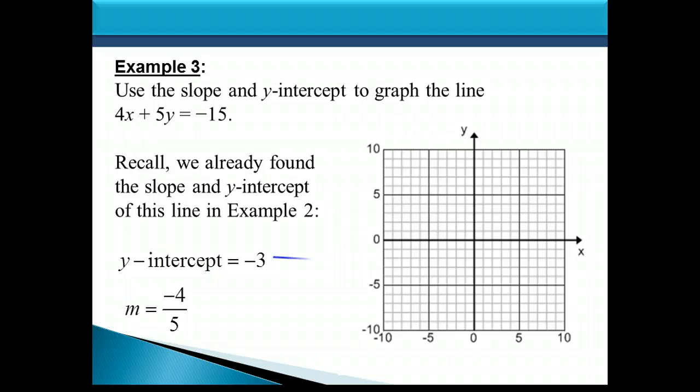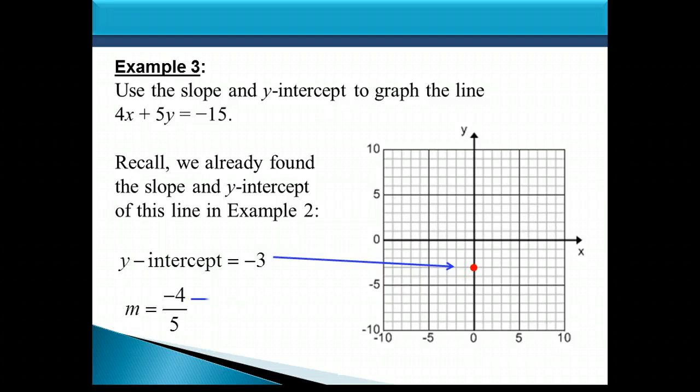So now I start by plotting the y-intercept, which remember is going to be on the y-axis at the point 0, negative 3. Then I'm going to use the rise over run of my slope to navigate from the y-intercept, so we're going to start there at that red dot, to a second point on the line.